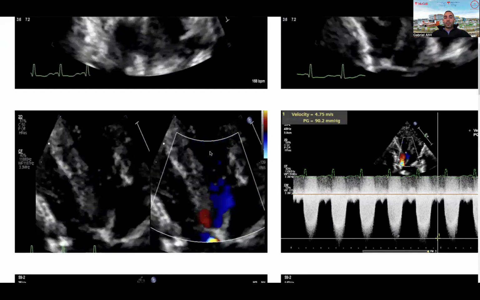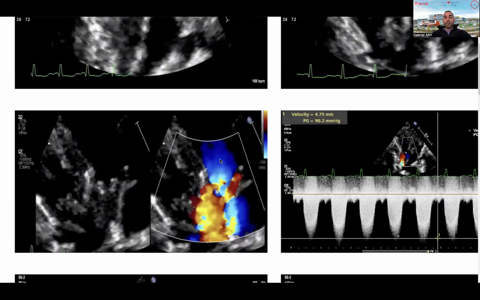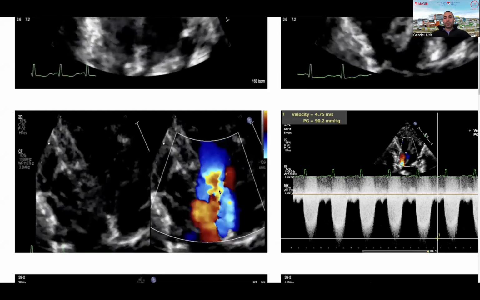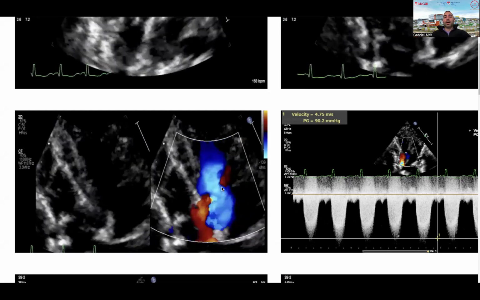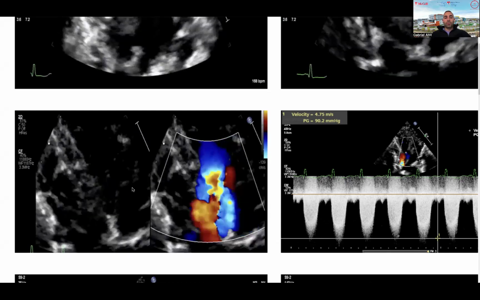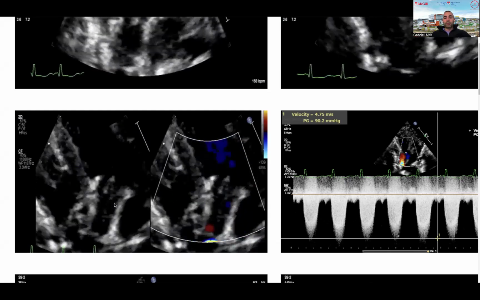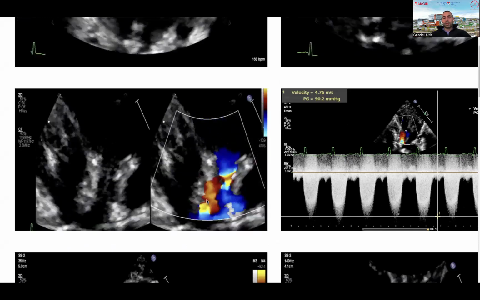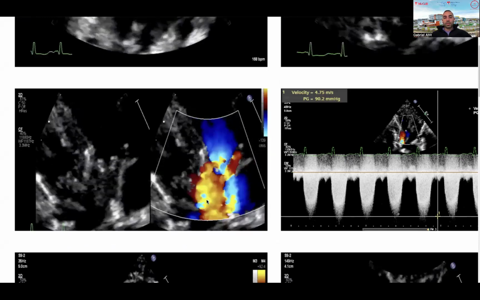Blood flow does start before the pulmonary valve and goes through it, but there's definitely some degree of aliasing and turbulence secondary to the incomplete opening of the pulmonary valve. We can also see a red flow, which is actually the ductus arteriosus.